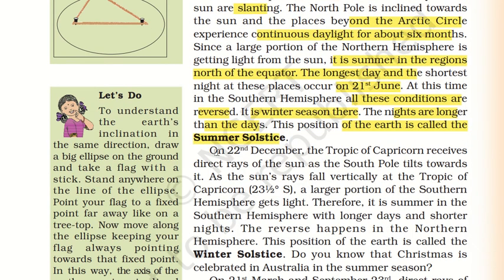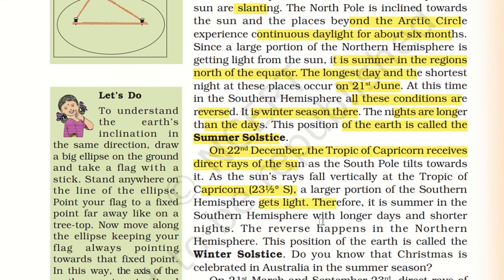And further we will see that on 22nd December, the Tropic of Capricorn receives direct rays of the sun as the south pole tilts towards the sun, as the sun rays fall vertically at the Tropic of Capricorn, that is 23.5 degrees south, and a large portion of the southern hemisphere gets light, and the Antarctic Circle gets 6 months of continuous daylight, as we can see from the above discussion.